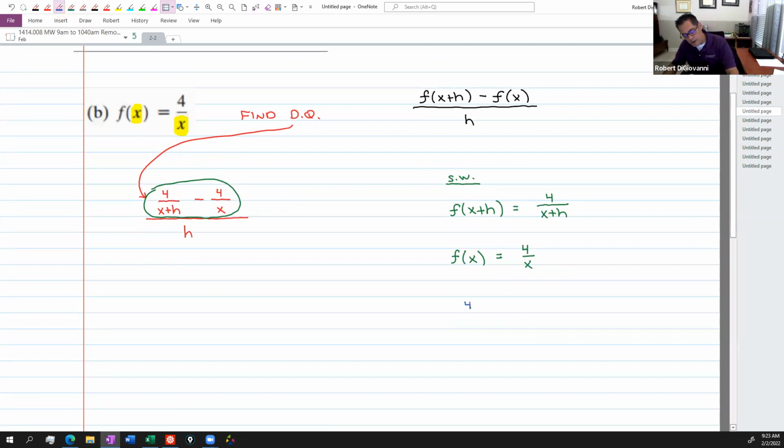I'm going to try and combine 4 over x plus h minus 4 over x. And to do that, I need a common denominator. Sound familiar? So I must multiply the first fraction by x over x, because that's what the other denominator has. And over here, I'm missing the entire x plus h, so I have to multiply by x plus h over x plus h.